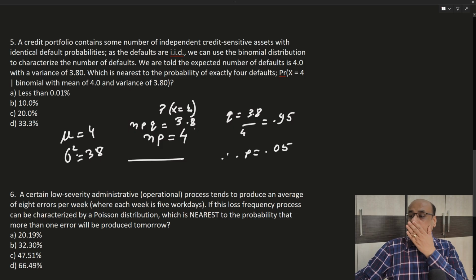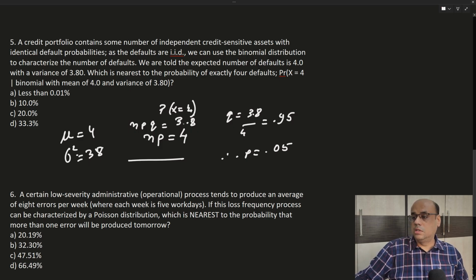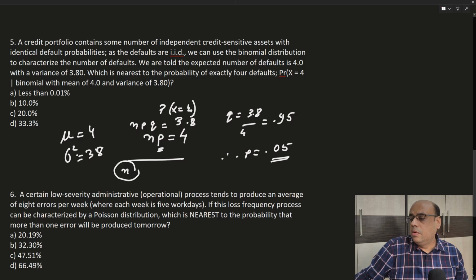So what is the probability of exactly 4 defaults? The probability of default is 0.05. Then when we apply the formula of NCX, we also have to find out N. If P is 0.05, N is equal to 80, because 80 into 0.05 is 4.